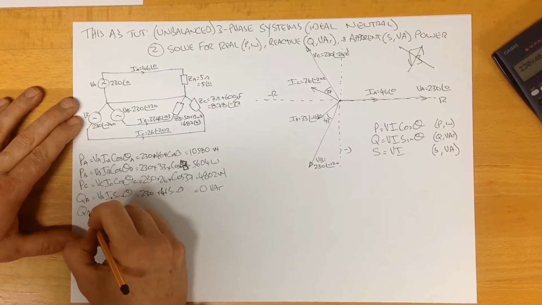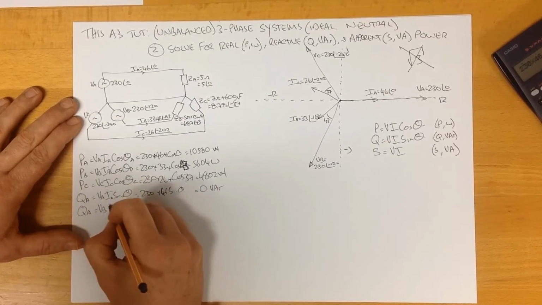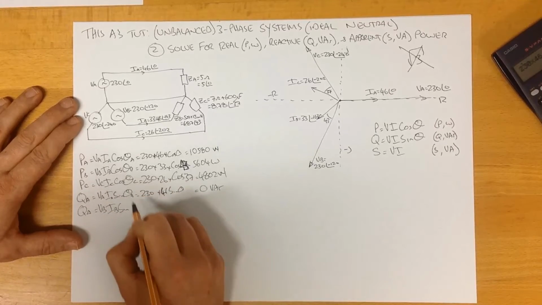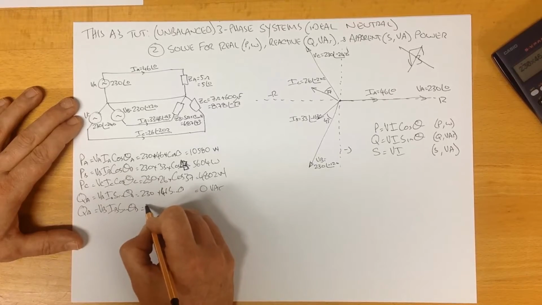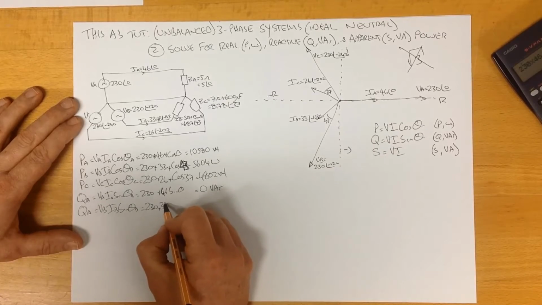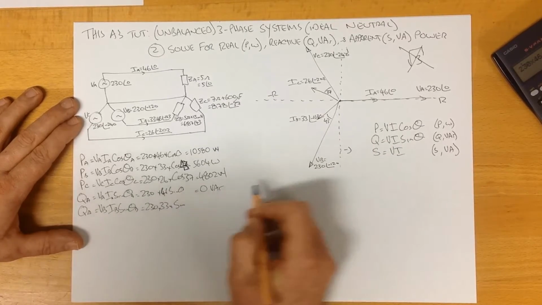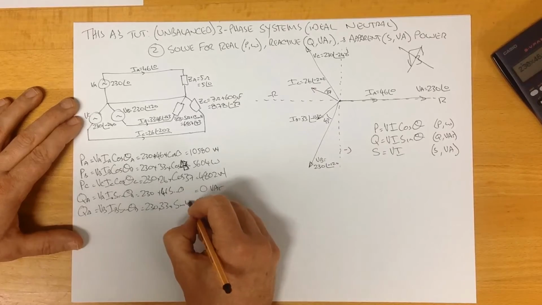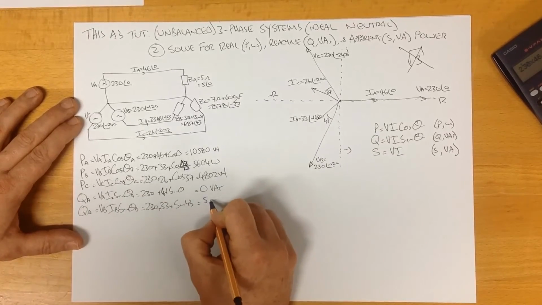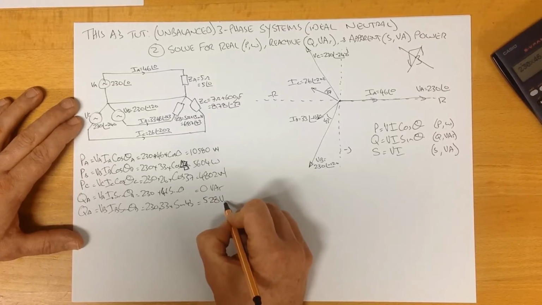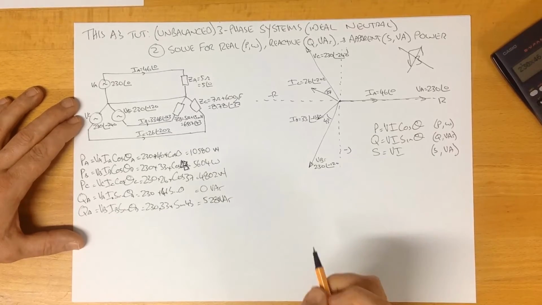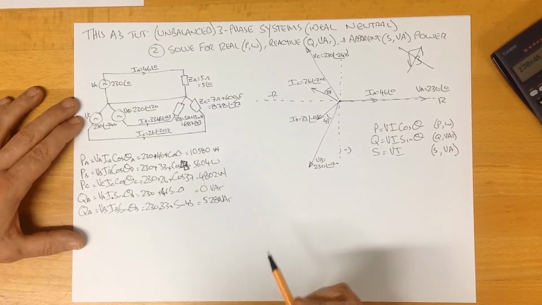The reactive power flowing in phase B is VB, IB times the sine of the angle of B, 230 times our current, 33, times the sine of this angle of 43. We solve that and end up with 5,280 volt amperes reactive, or 5,280 VAR, or 5.2 kVAR.